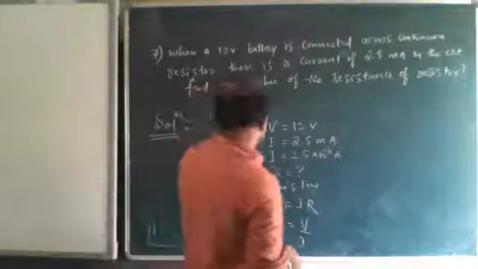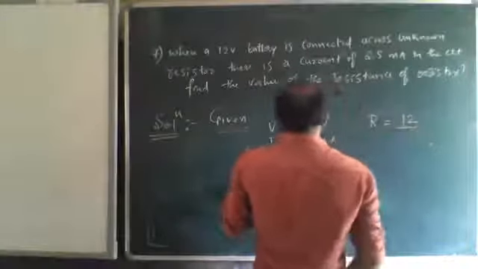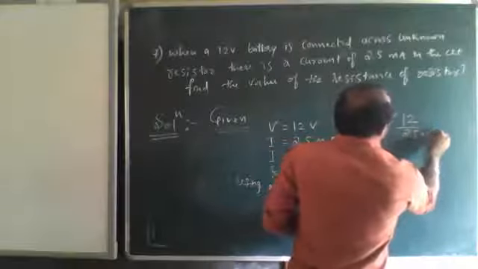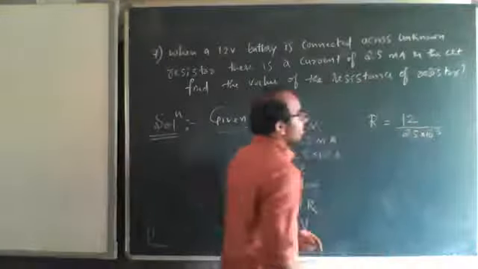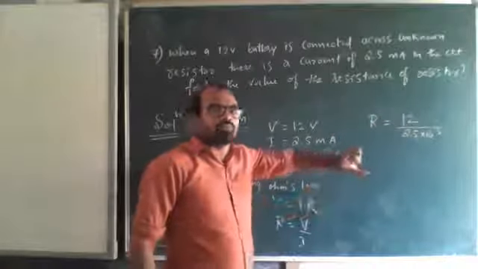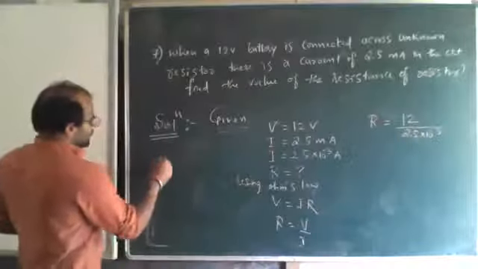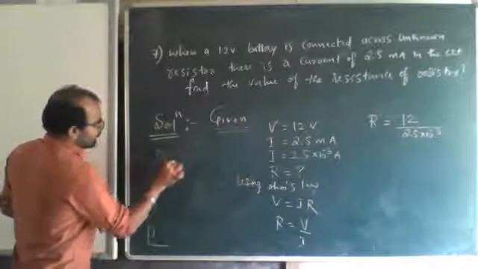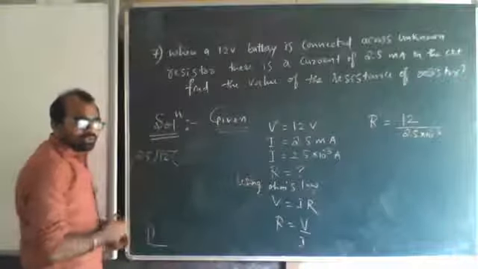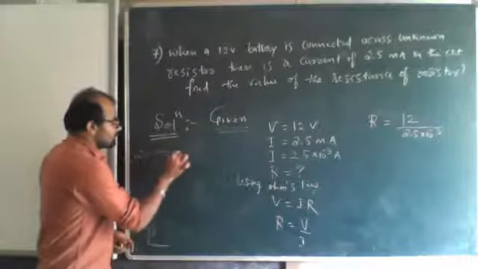R is equal to 12 divided by 2.5 into 10 to the power minus 3. The 10 to the power minus 3 will be taken upper side, so here I will make 12 divided by 2.5. We just remove this point and add a 0 here.